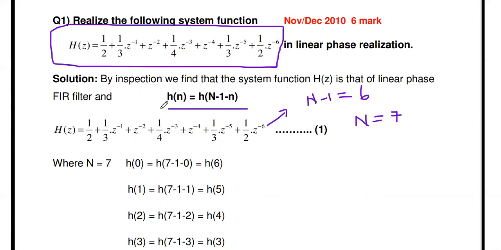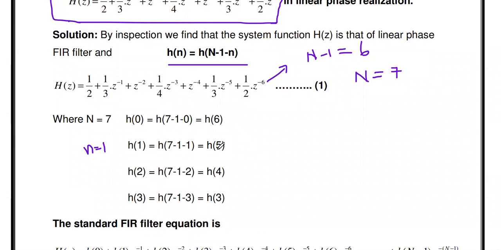First, if small n equals 0, we substitute in that equation. So h(0) = h(7-1-0), which is h(6). If the impulse responses h(0) and h(6) are equal, that is a condition for a linear phase FIR filter. Similarly, if small n equals 1, h(1) = h(7-1-1), which is h(5). So h(1) and h(5) should be equal.